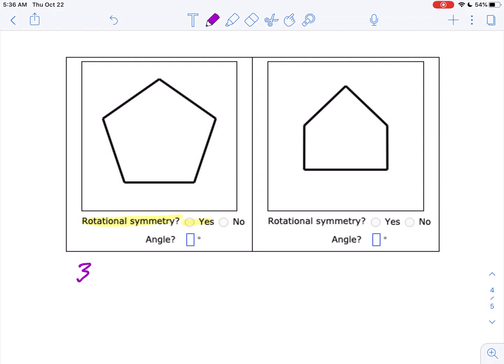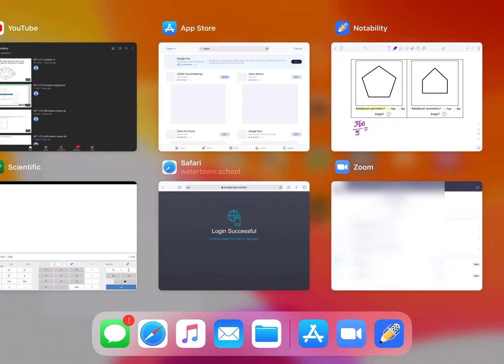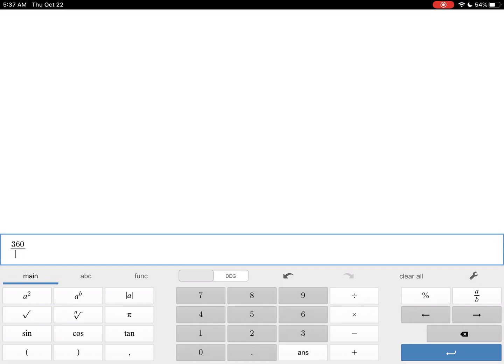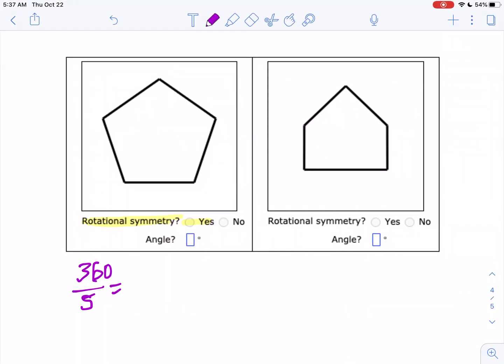We'll take 360 and divide it by 5 because there are 5 vertices or 5 points. So let's use our calculator for this one. We take 360 divided by 5. That angle of rotation is 72 degrees, which means we could have different rotations that are multiples of 72.